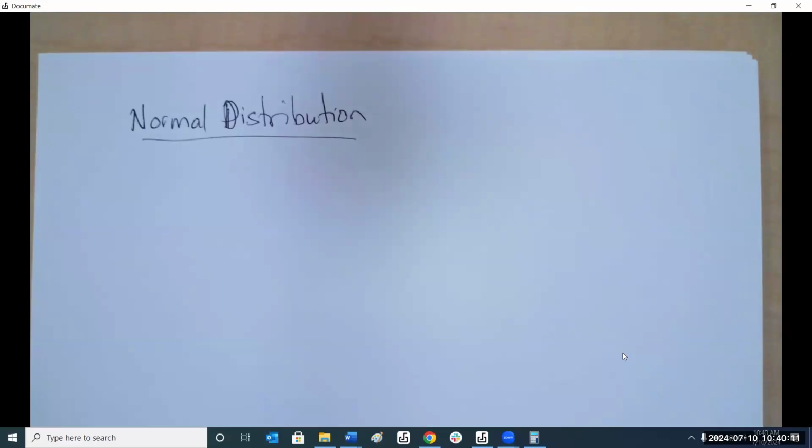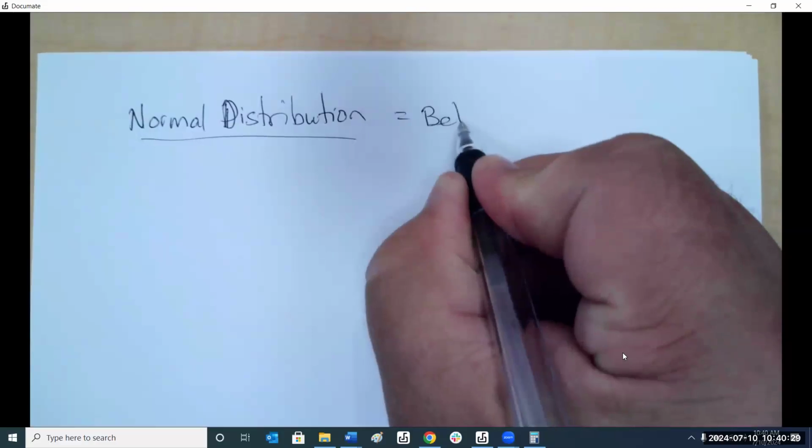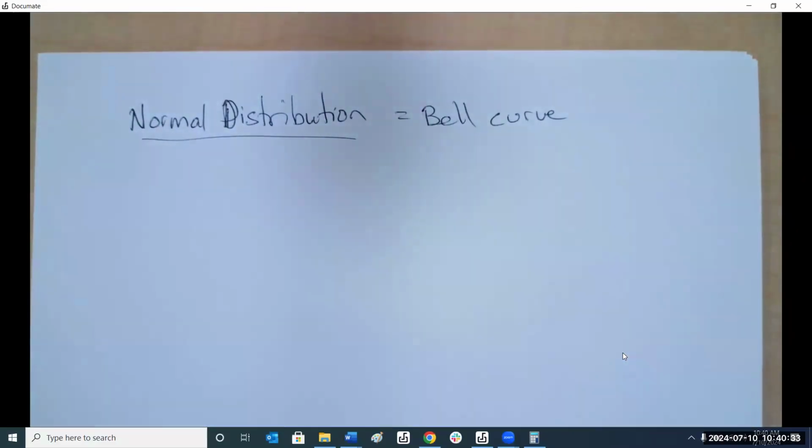What normal distribution tells us is if the data is evenly spread out. By evenly, I mean, have you ever heard of the bell curve? That's what it means. The bell curve represents the normal distribution.